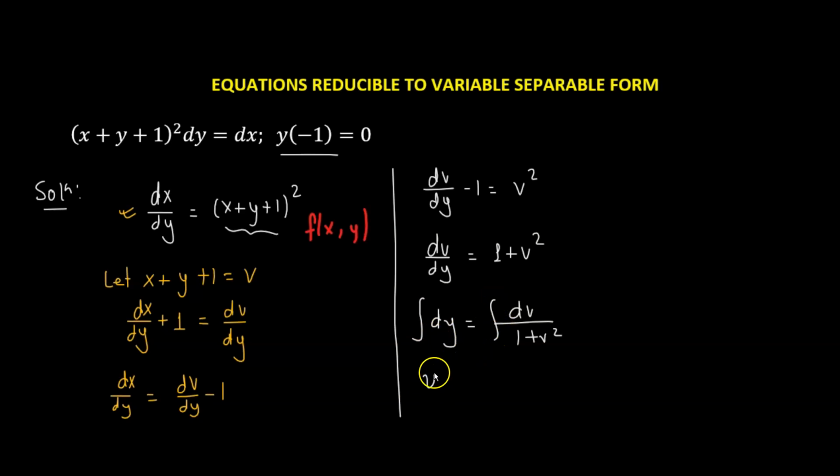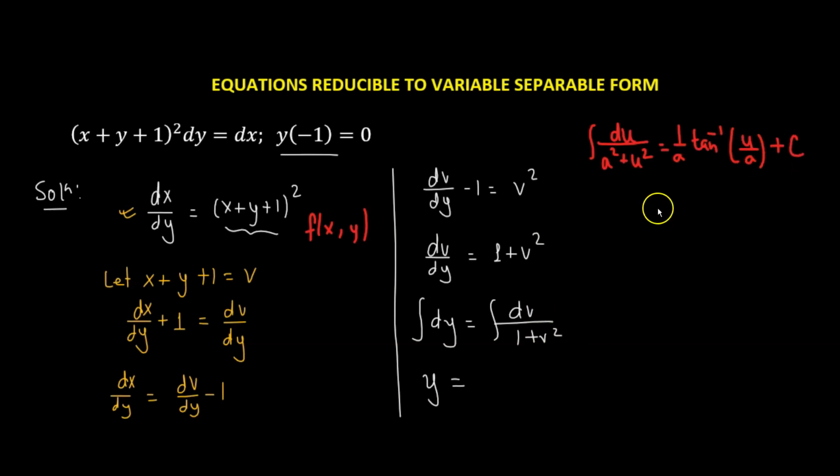Integration of dy is pretty straightforward, which is y, and then the integration of dv over 1 plus v squared. So here we will use the formula from the table of integrals. If we have du divided by a squared plus u squared, that simply equals 1 over a times the tangent inverse, or the arc tangent, of u over a plus the constant of integration c.